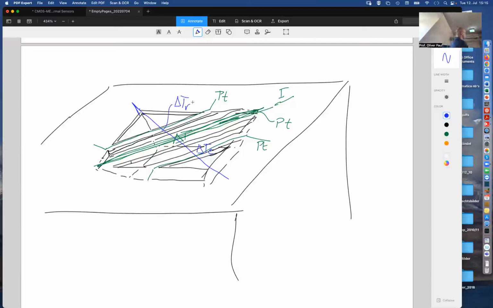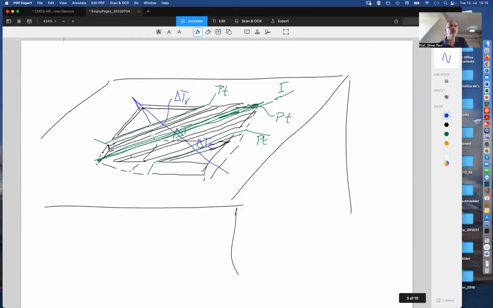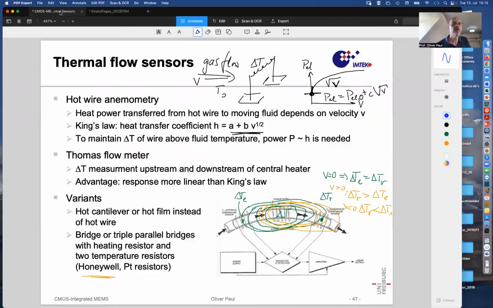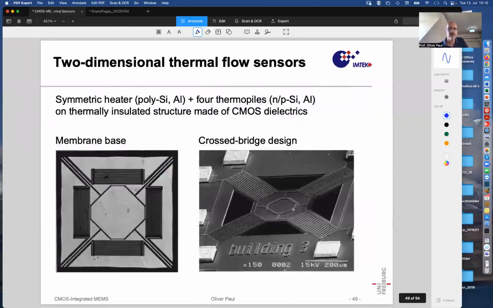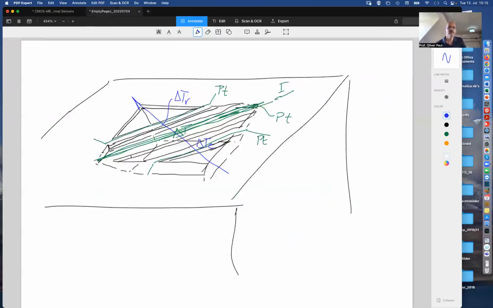If we go from this direction, it's like going from left to right in this picture. And so with increasing velocity v, this delta T will go down and this will go up. Now you have two resistors, one which goes down and the other one goes up under v.